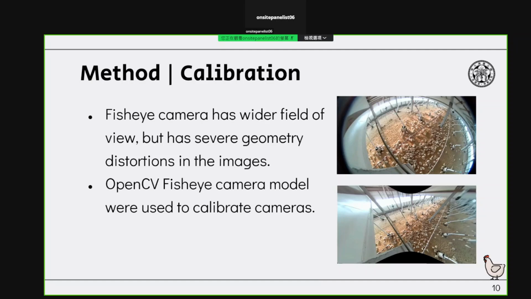Before we calculate the movement and dispersion, we do a location transform from the distorted to the undistorted one using the OpenCV model, so that when we convert pixels in the image to real-world distance, the geometric error will not be too large.